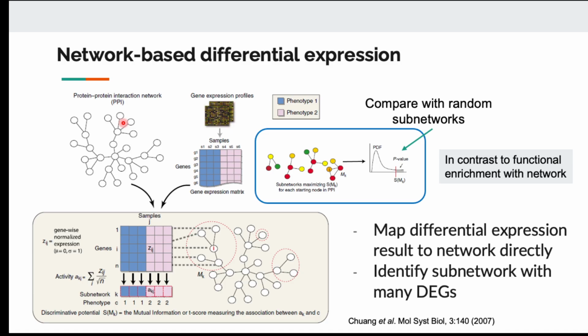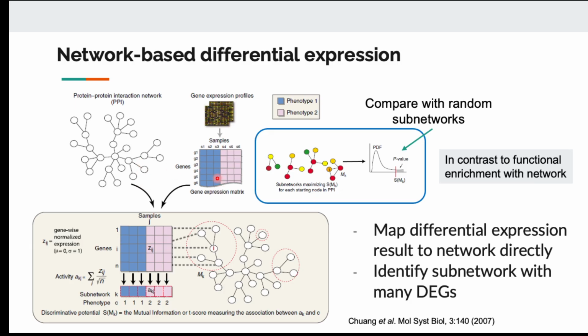In that analysis workflow, we start from differential expression without looking at the network, and then we map the genes onto the network. So some people propose, why don't we do differential expression together with the network data?